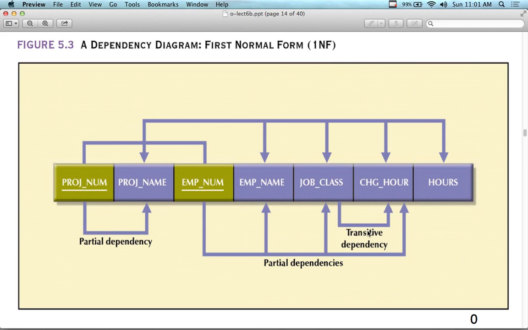And then we have a transitive dependency with job class and charged hour, because it depends on the job class per another one. A transitive dependency relies upon another key. So it depends on who the employee is and what their job class is in terms of what their charged hour is, because the charged hours per job class change depending upon which employee we're talking about.